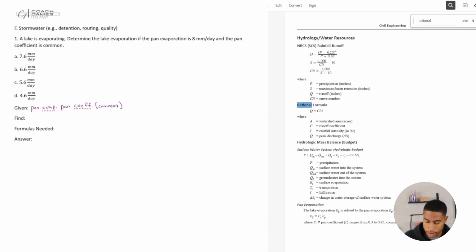Pretty much it. And the lake is evaporating, right? Okay. Find. All right, what are we trying to find? The lake evaporation.